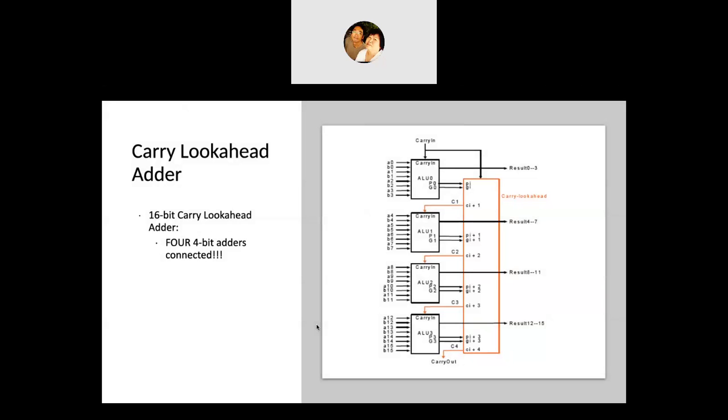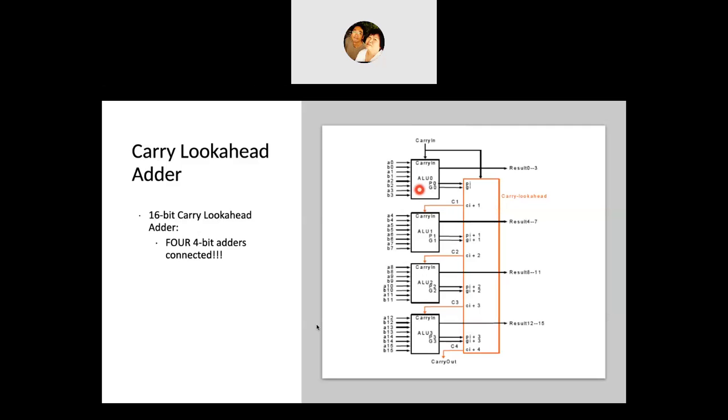Instead of feeding C4 from the first carry lookahead adder to the next one, we can calculate P0 and G0, and then feed them to the second level carry lookahead adder. So we have a 4-bit carry lookahead adder like this.